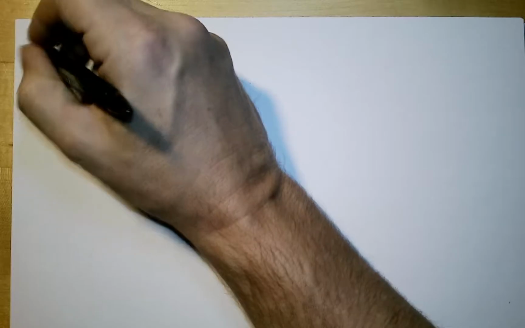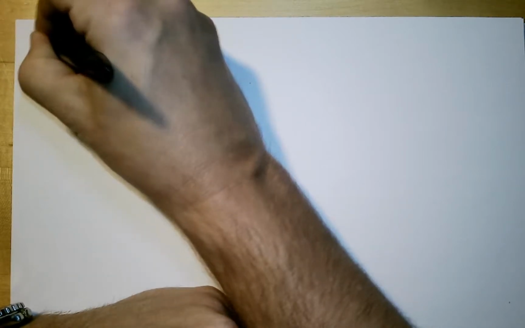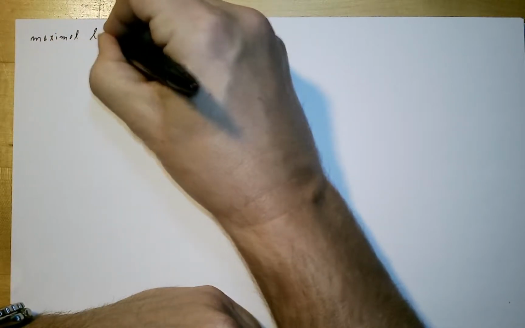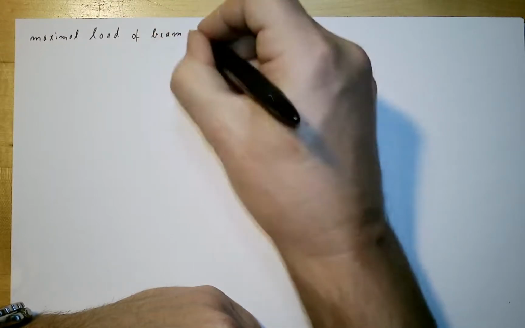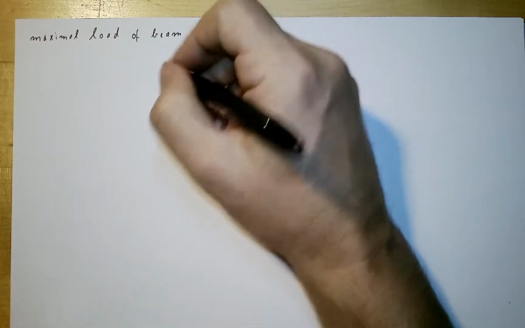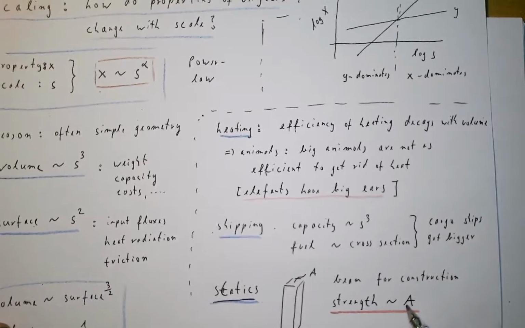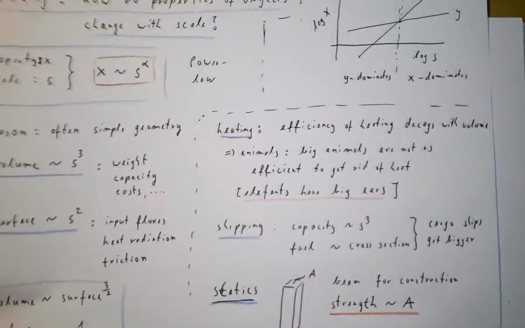Now what does this mean when we want to calculate the maximal load of the beam? So we said before, the strength that can be taken up depends on the cross section, but the weight of a building goes with the volume.